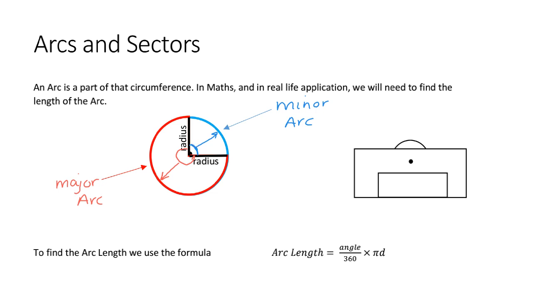And we know that the arc itself is a fraction, it's a part of the circumference. The last part, pi D, think back, that is your circumference. So what we're really doing is trying to find a fraction and multiply it by the circumference. And that allows us to find the arc length.